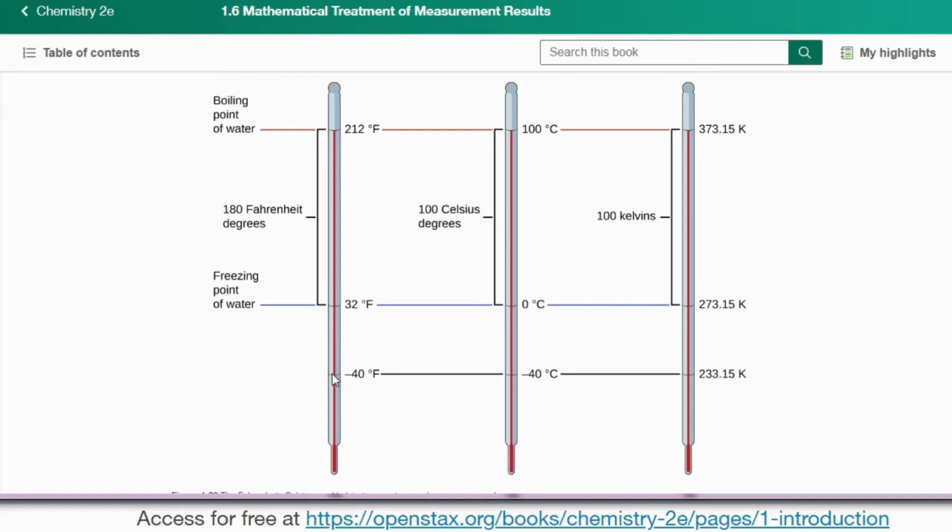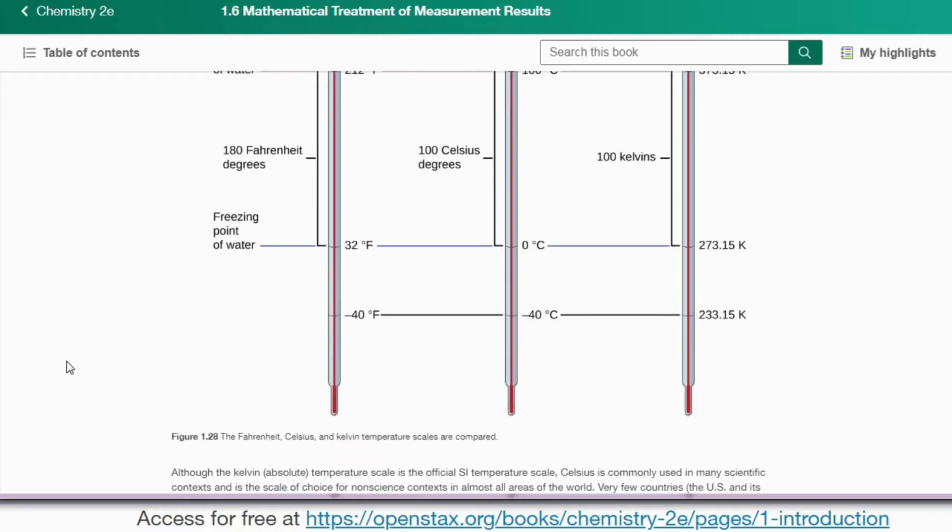And then minus 40 degrees Fahrenheit is also equal to minus 40 degrees Celsius. That's just an interesting data point, which is equal to 233.15 Kelvin. So that was figure 1.28.